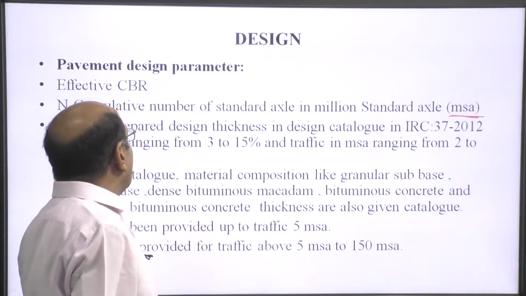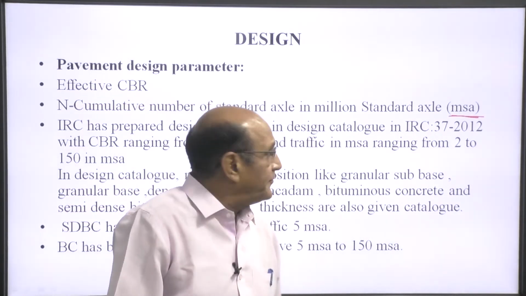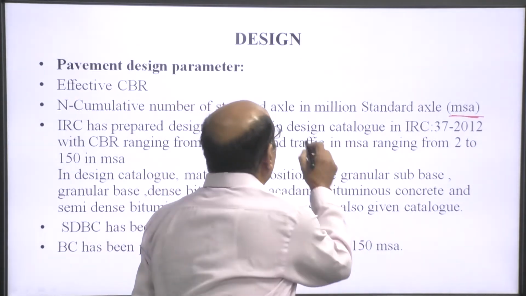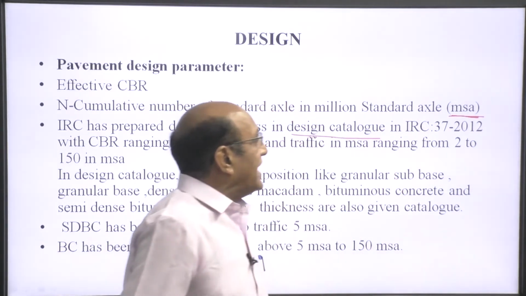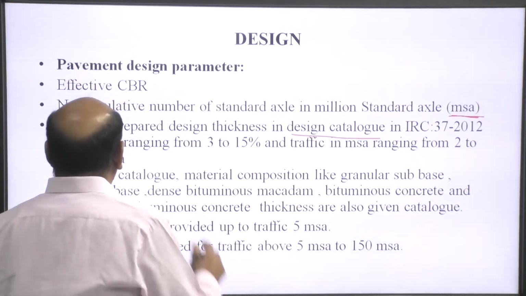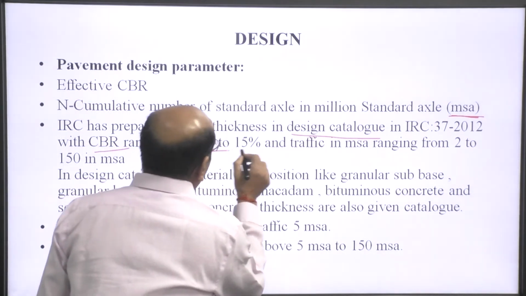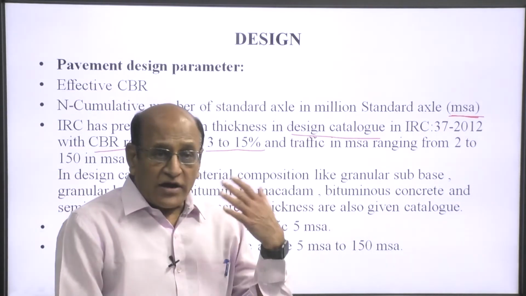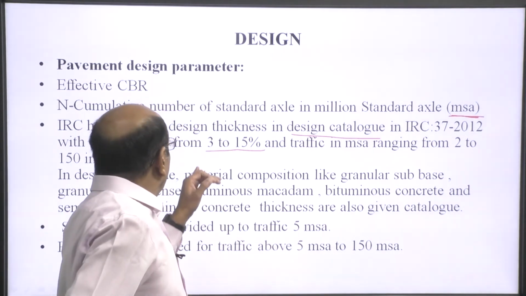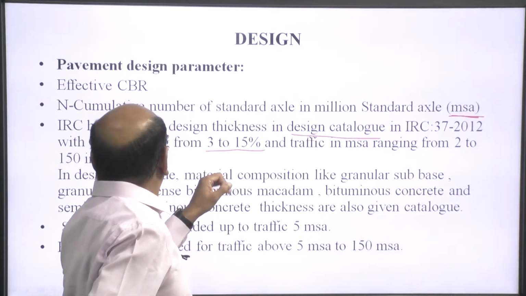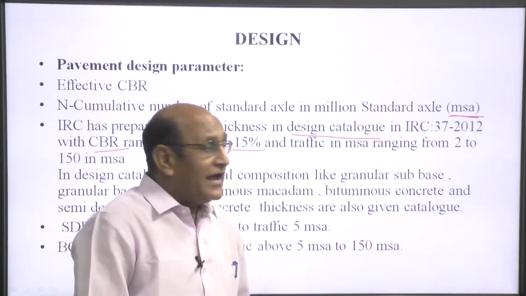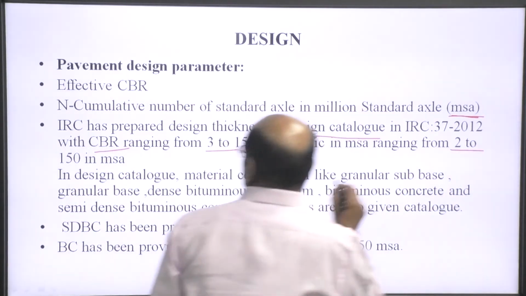Now, IRC has prepared design thickness of pavement in a design catalog in IRC 37 2012, with effective CBR ranging from 3 to 15% and MSA ranging from 2 to 150.